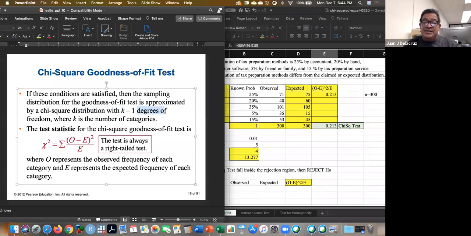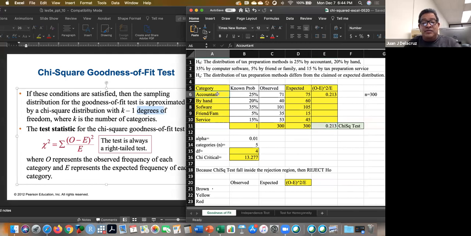If we are using the t distribution, we need the degrees of freedom. If we are using the chi-square distribution, we need the degrees of freedom. In this case, the degrees of freedom come from the number of categories. For example, we have 1, 2, 3, 4, 5, so k minus 1 is 5 minus 1. I am going to use, let's say, a 1% alpha with 5 categories, so the degrees of freedom is going to be 4. That's how I am going to build my chi-square critical, right?